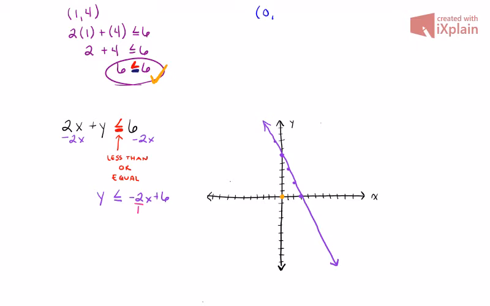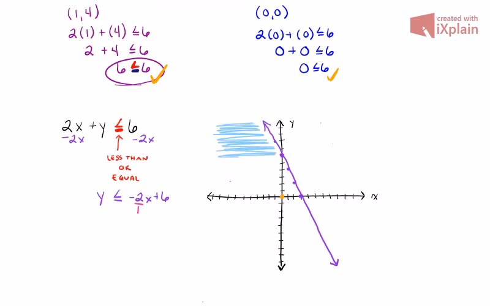So using the origin, we'll put 0 in for x, 0 in for y, less than or equal to 6. 2 times 0 is 0, and then 0 is less than or equal to 6. Again, I get a true statement here, so that tells me that I'm good to shade on the left side.